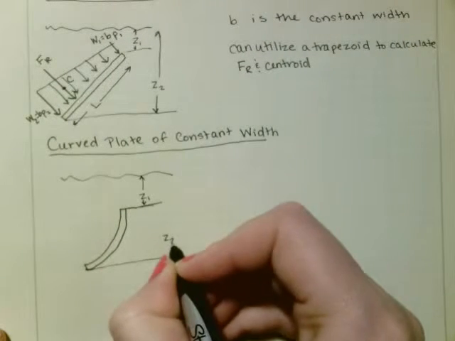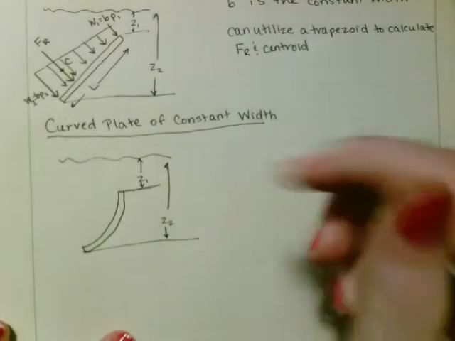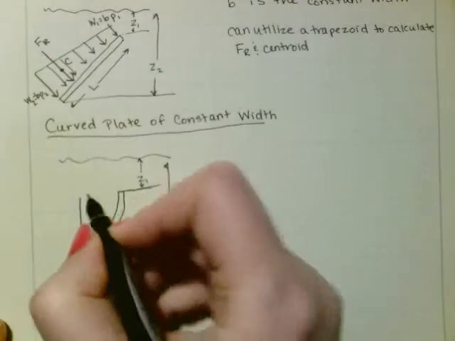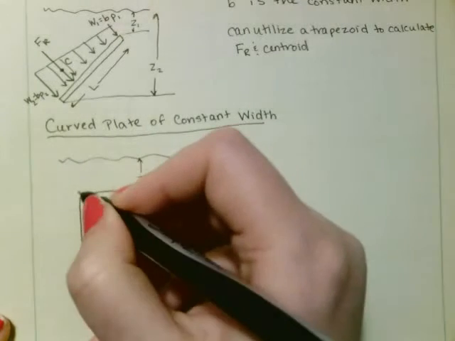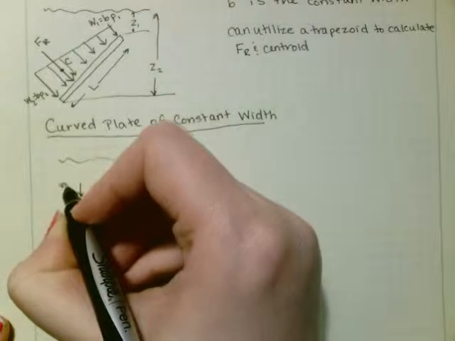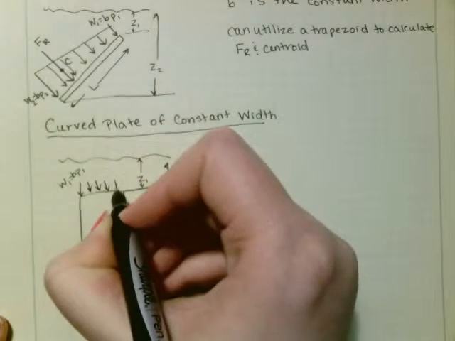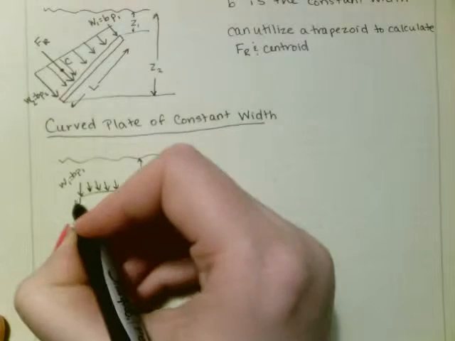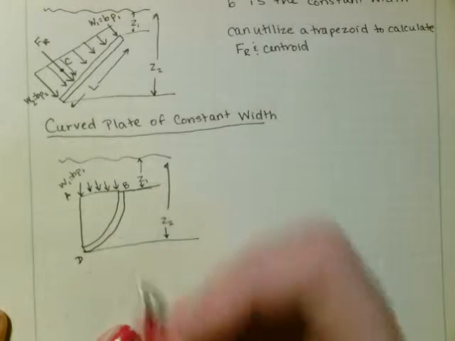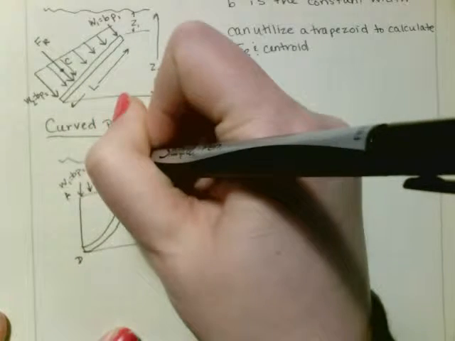This depth over here is going to be Z2. And so we need to kind of break this up into 3 parts. So up here at this surface, I'm going to just have my W1 equal to B times P1, and that's going to be distributed over this entire surface. I'm going to call this point right here A, this point B, and this point D.